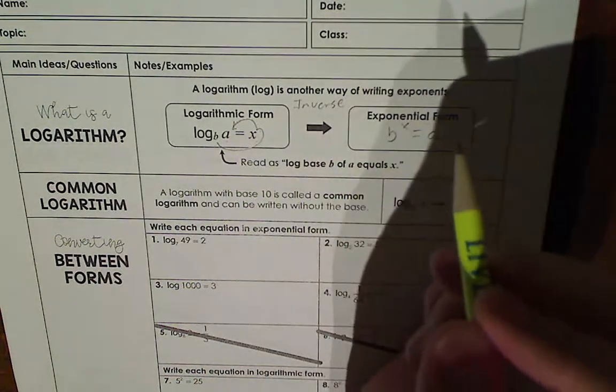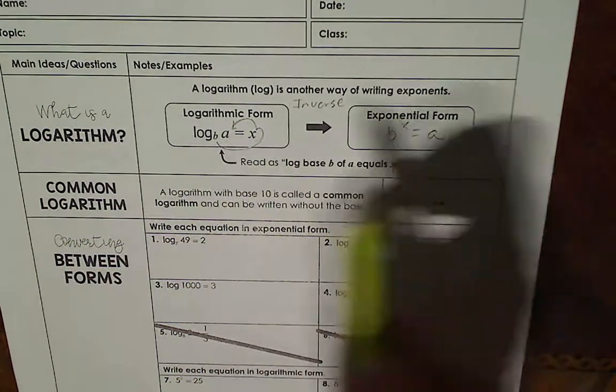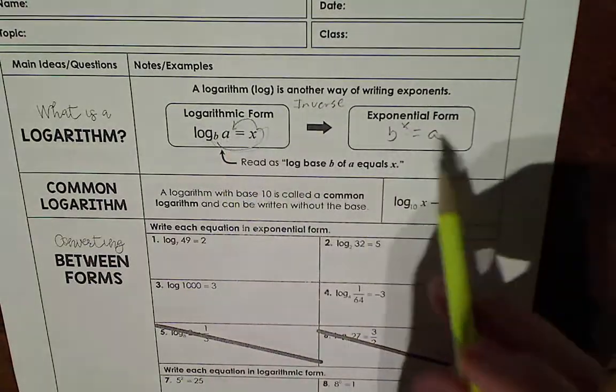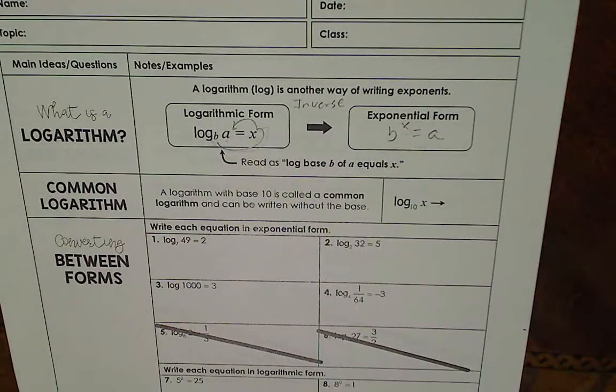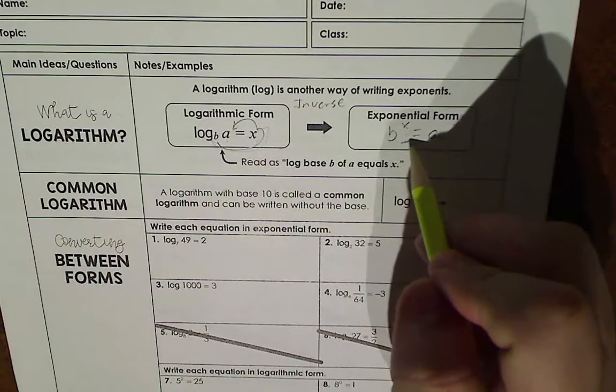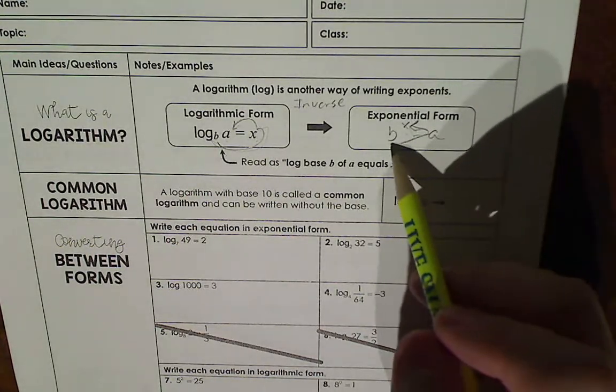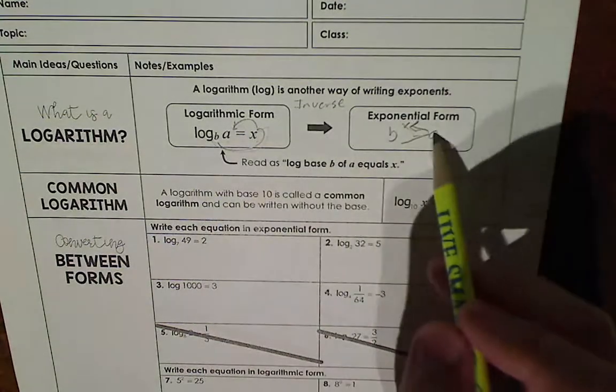You write it where you start at the b, come to the x, and set it equal to the a value. It works both ways: I can start at the b, go to the a, and come back to the x, so you write it as log base b of a is equal to x.